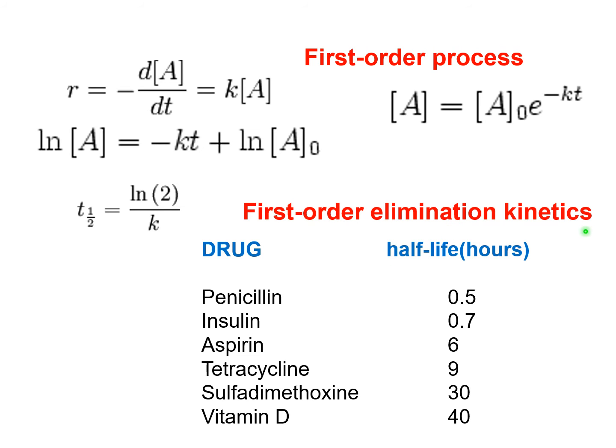Elimination kinetics of different compounds can be very different. For example, usually penicillin stays for very short time. Same as insulin, causing lots of problem for people with diabetes. Some other antibiotics like tetracycline stays for longer time. There are compounds that are staying for days, even weeks.